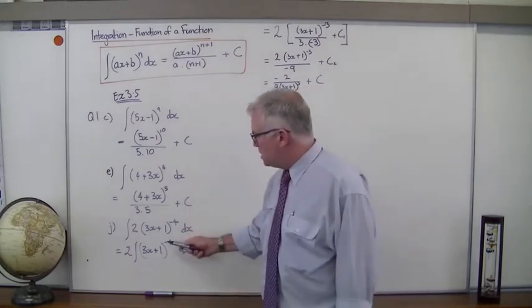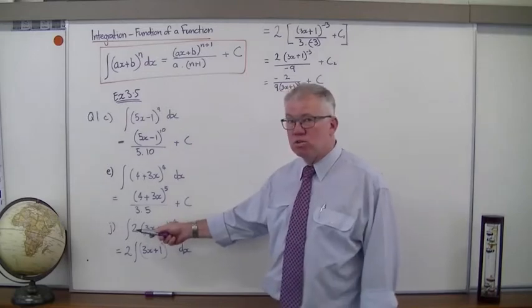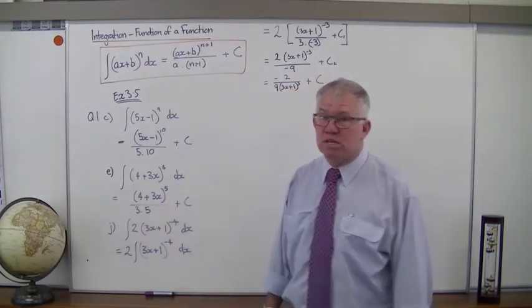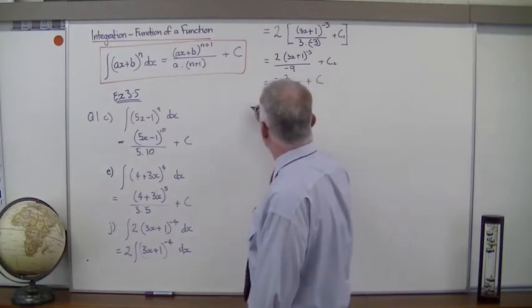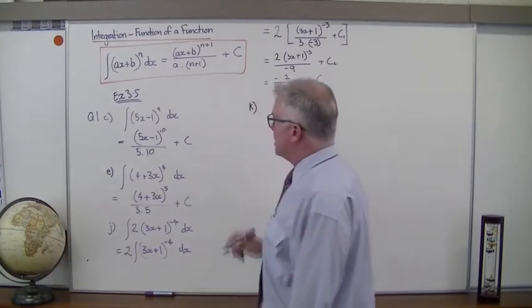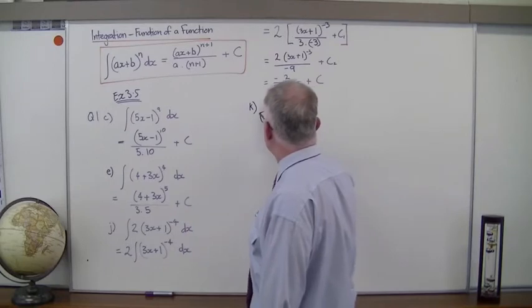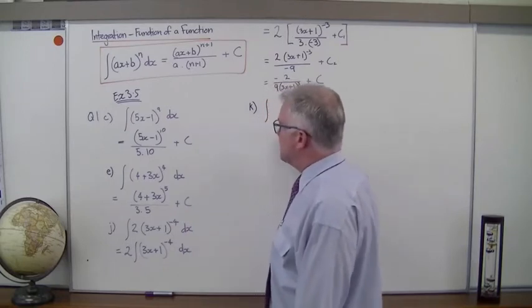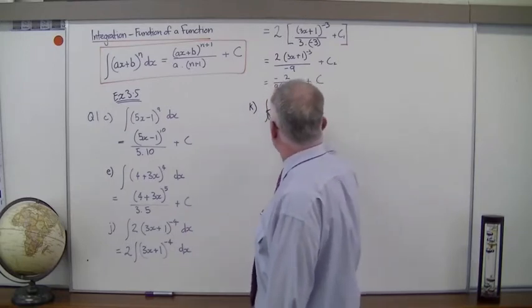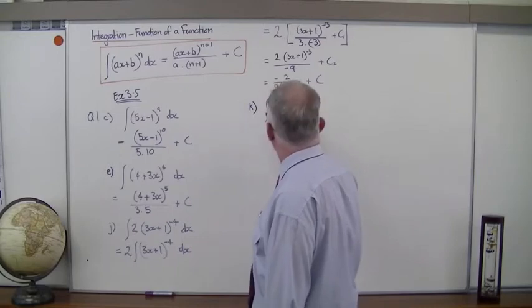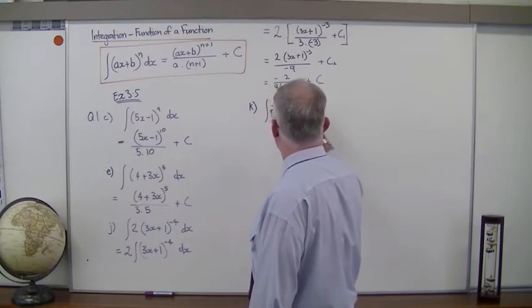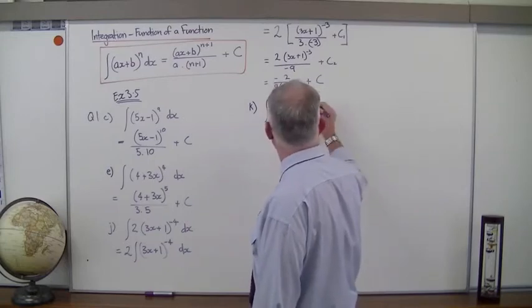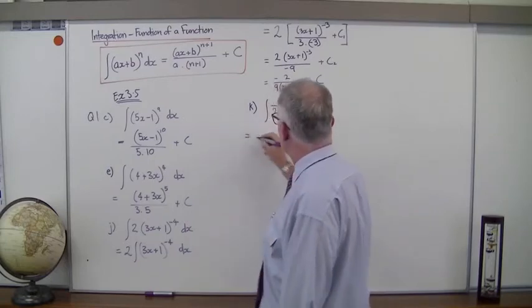Alright, working with index forms and also taking the constant out the front of the integral sign helps us work through things with a little bit more ease. Example K, or question K, wants us to find the indefinite integral of 1 over 2 outside of 4x minus 5 to the power of 3 dx.